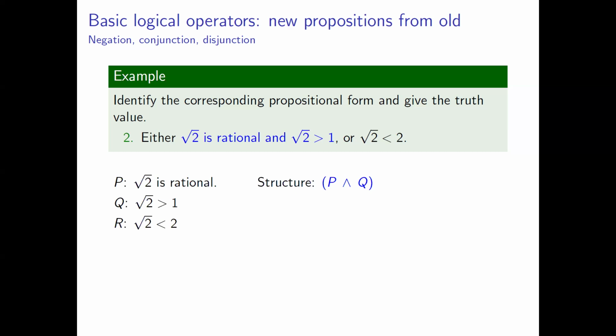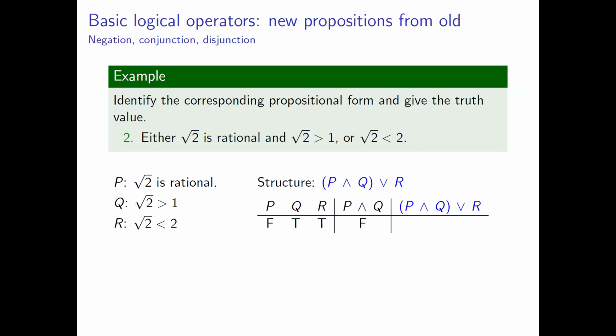We treat P and Q as a single statement and enclose it in parentheses, because it is preceded by the word either and followed by the word or, which signifies that it is the first statement in a disjunction. The second statement in the disjunction is the proposition R. As in the previous example, P is false, Q is true, and R is true.